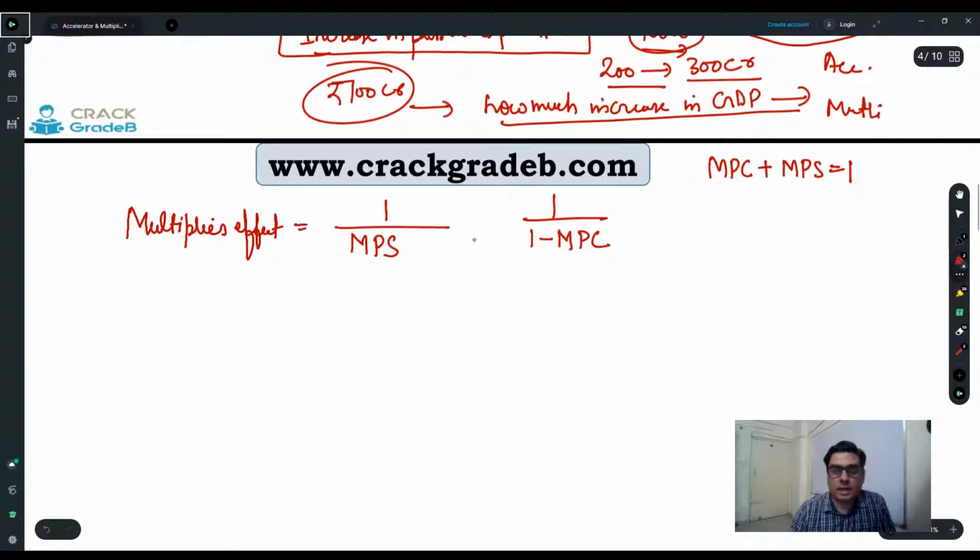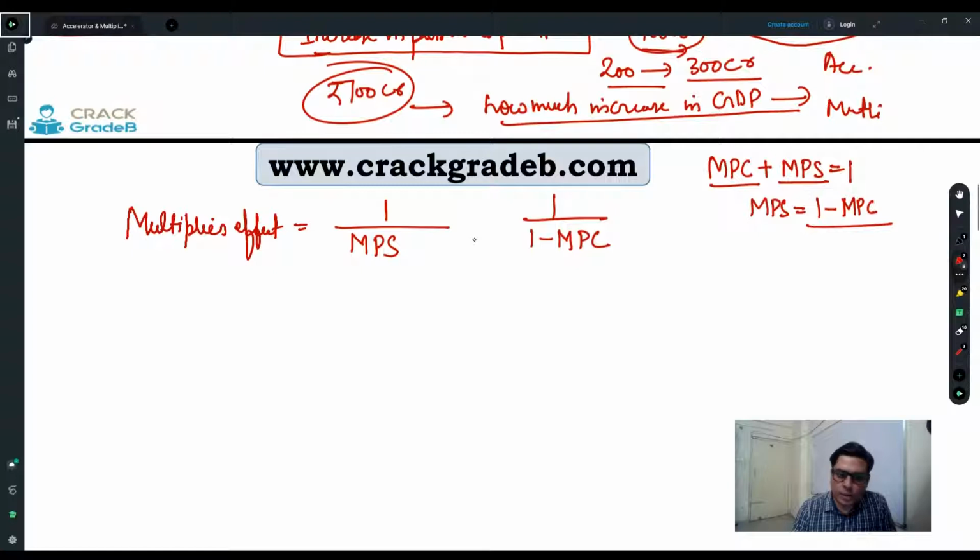That 1 indicates our total income. It is the marginal change in consumption and marginal change in savings. So MPS is equal to 1 minus MPC, right? In most books you are going to get either this formula or this formula. But again, it is incomplete.